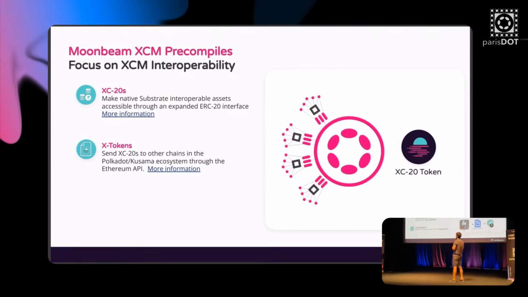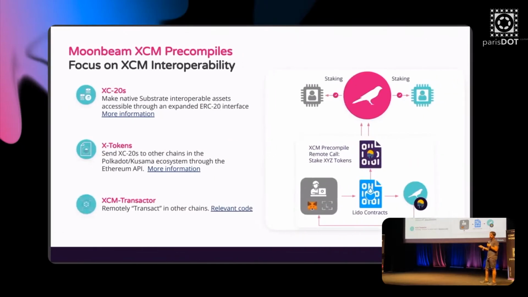And this is the one that I'm the most excited about, which is the Lido example. How this works at a very high level is that a happy user here with this MetaMask, Ledger, or whatever will interact with the Lido contracts to say, hey, I want to stake 5 XC DOTs, right?